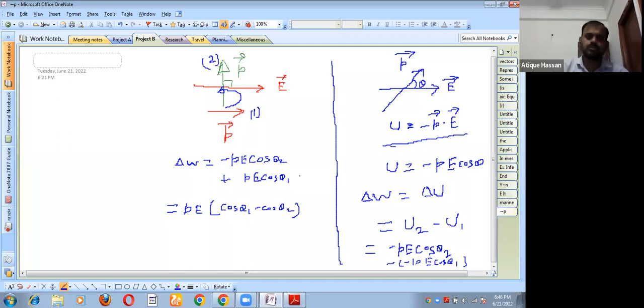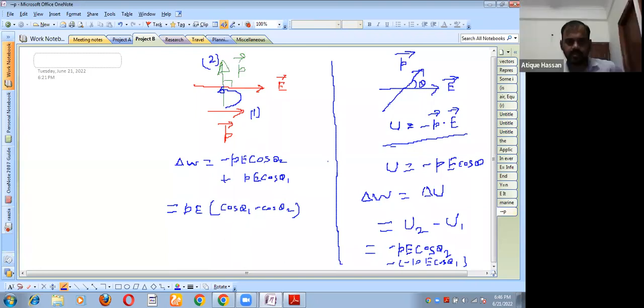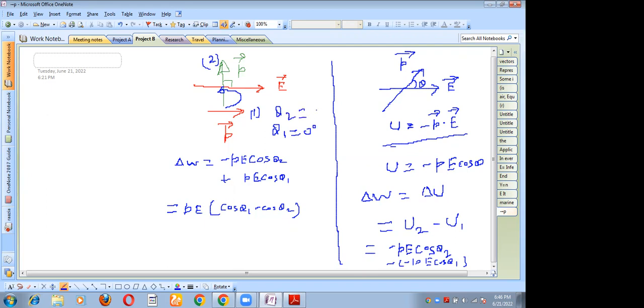Now we have to decide what is theta 1 and theta 2. What is the value of theta 1? 0 degree. Correct. Theta 1 will be 0. And what will be the value of theta 2? 90.